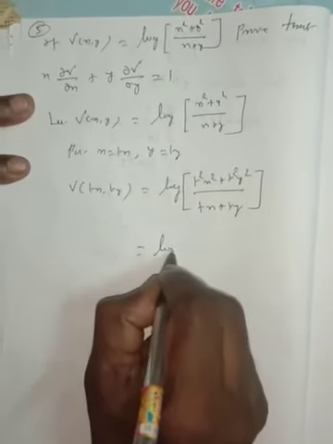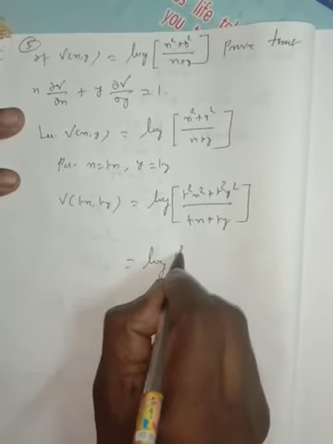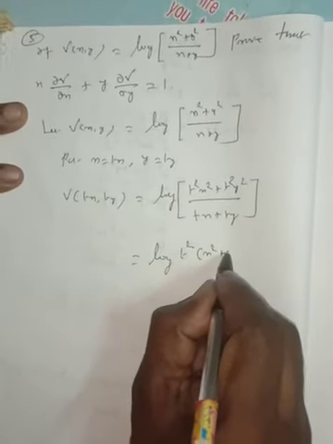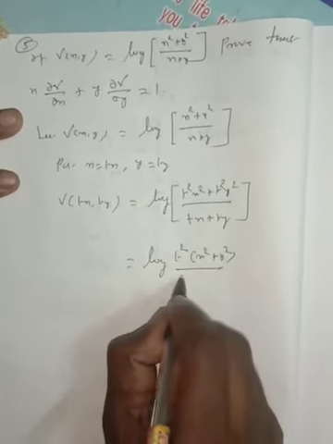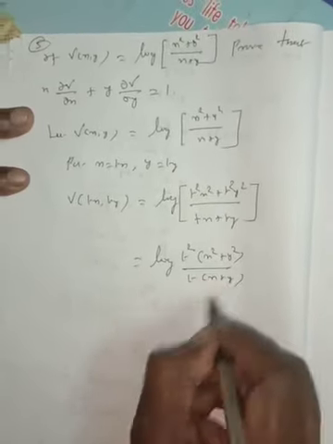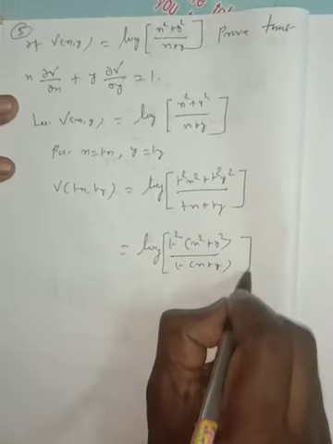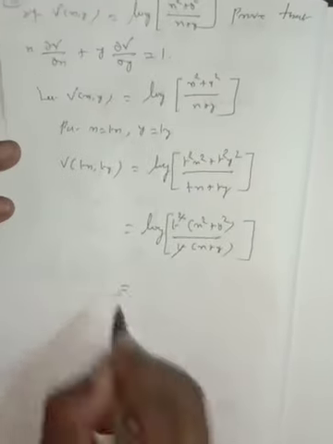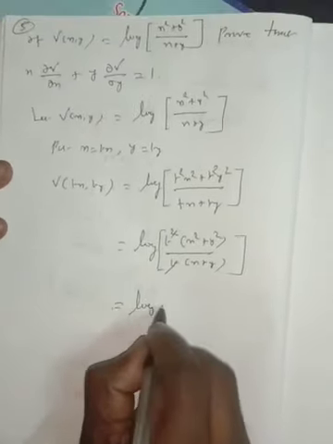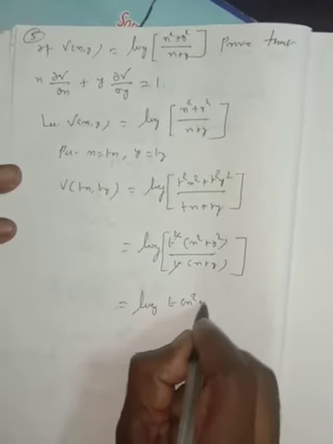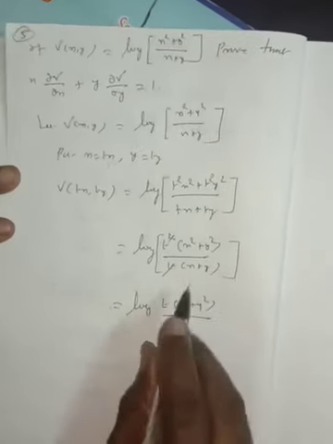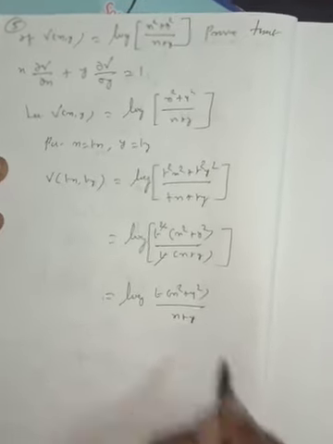Taking t square common in the numerator, log of t square of x square plus y square divided by t of x plus y. Now t cancels, log of t into x square plus y square divided by x plus y.